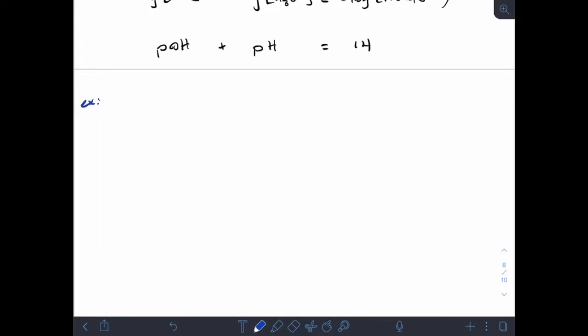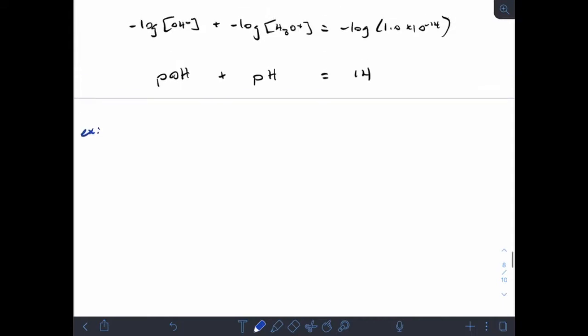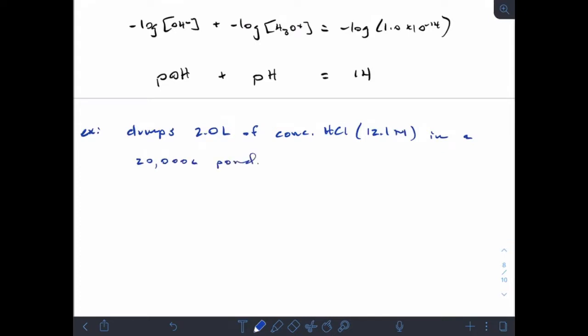Let's say that some person who is against the environment comes along with a big old bottle of concentrated HCl and dumps 2 liters of concentrated HCl, which is 12.1 molar, in a 20,000 liter pond. Will the pH go below 4.5?